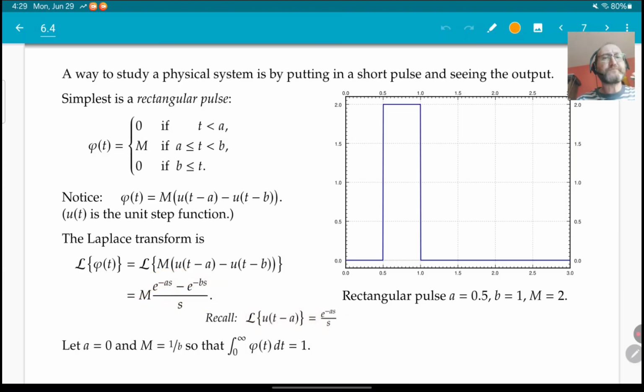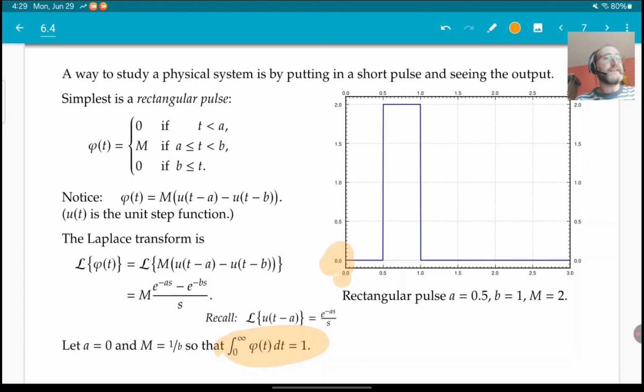Now really we're going to be looking at a special kind of pulse. For simplicity, let's start at 0, at the origin, rather than a bit later. And instead of some random m, we're going to go up to 1 over b. The reason we do that is so that the integral of this function is 1, so that the area under this curve is 1.